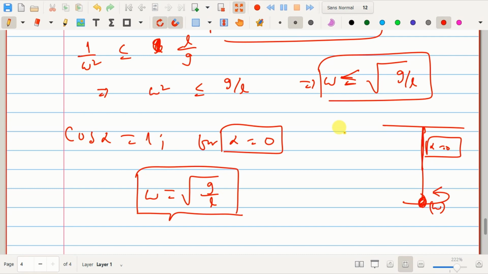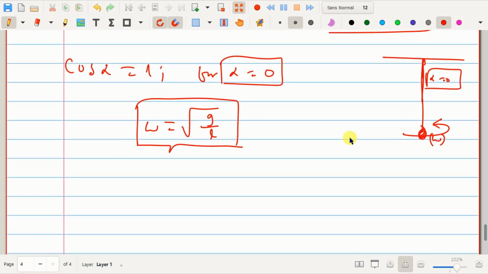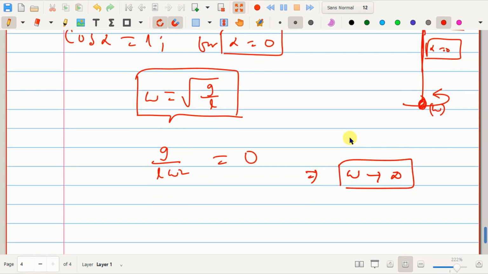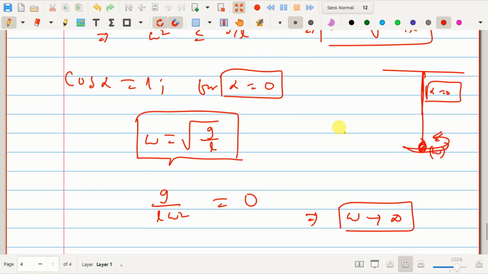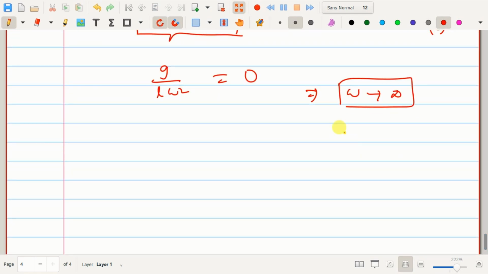Now here is another limit. g over l omega square has to be greater than or equal to 0, but it has to be greater than 0. Why? Because g l over omega square equal to 0 happens in only one case, when omega tends to infinity, meaning this object is spinning so fast, which is nearly impossible. Then what is going to happen?